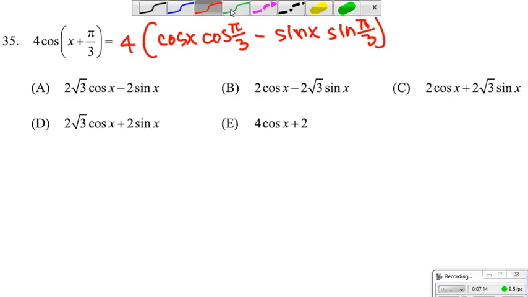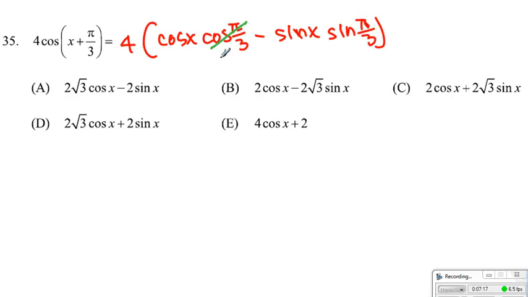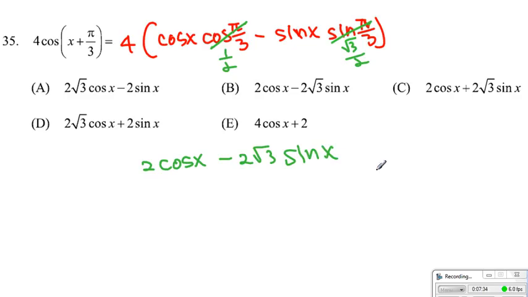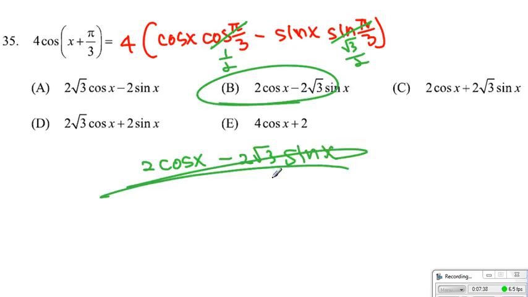Now, we get to realize that cosine of pi over 3 is equal to 1/2, and sine of pi over 3 is equal to radical 3 over 2. By multiplying by 4 on both sides, we end up getting 2 cosine of x minus 2 radical 3 sine of x. So we're looking for something that looks like this, which is choice B, our answer.